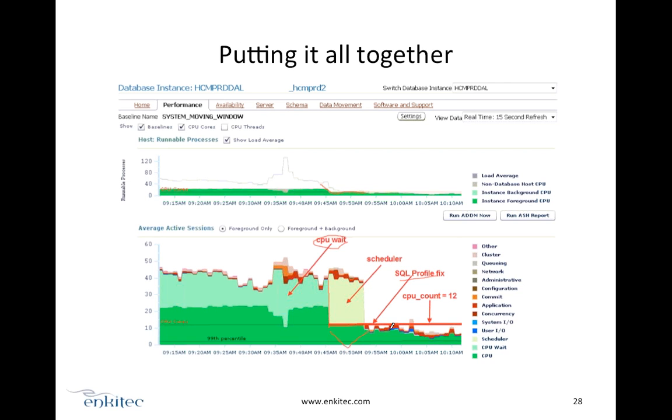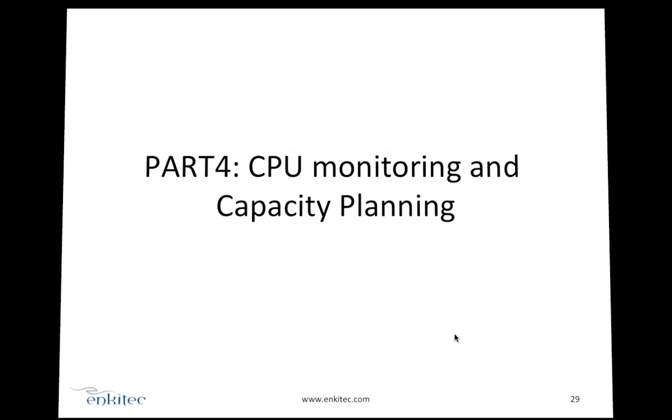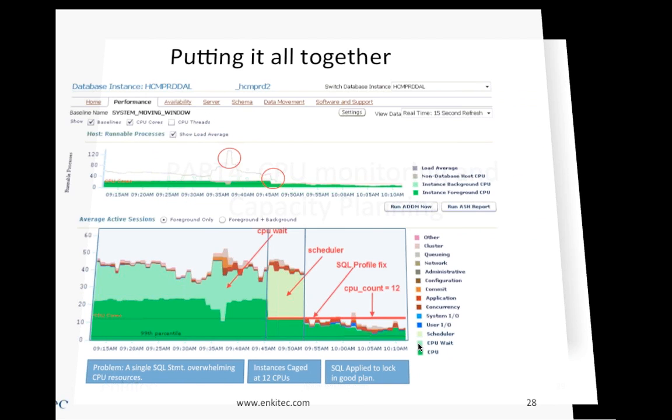So putting all of these different CPU events together, let's say you have a sudden plan change, and that plan change contributed to a high load average, or this server of yours being 100% CPU utilized, and you don't have any instance caging turned on. Then immediately you would see the CPU wait, right?